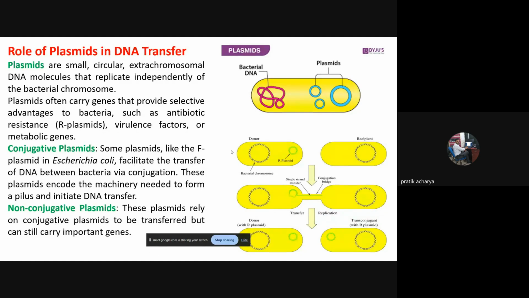That is the benefit of the presence of a plasmid. Their presence or absence does not matter for survival, but their presence gives more advantage to the bacterium. That's why it is written in the second paragraph that plasmids often carry genes that provide selective advantage to the bacterium.